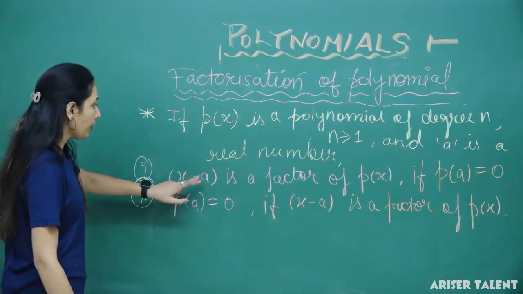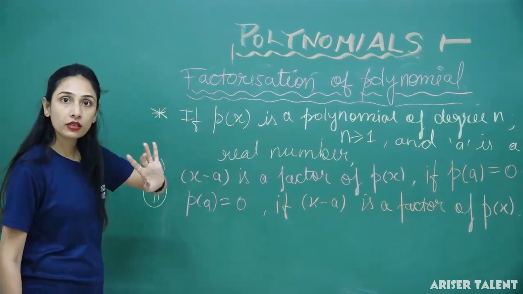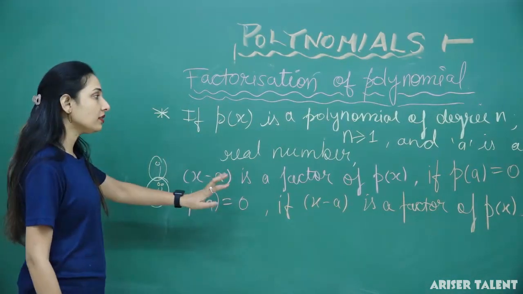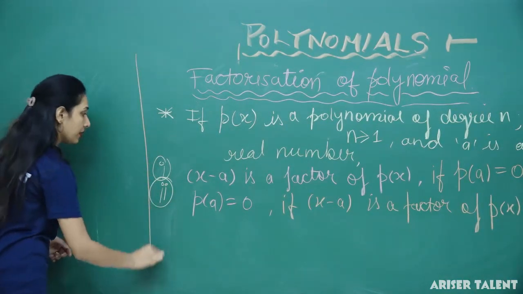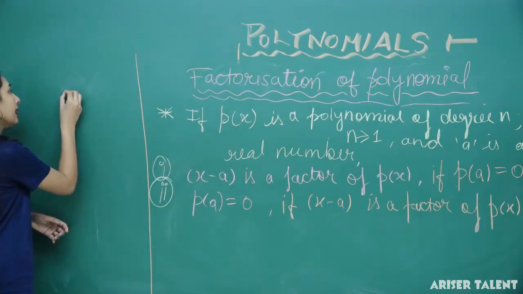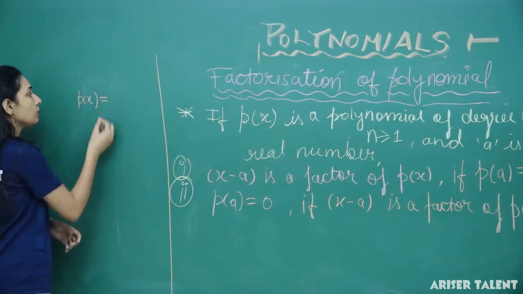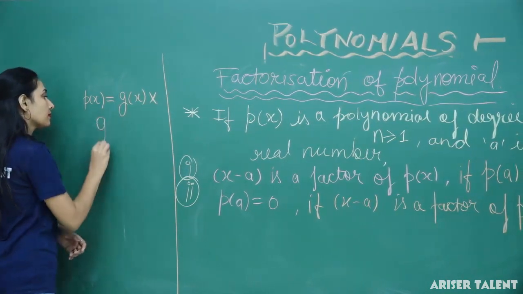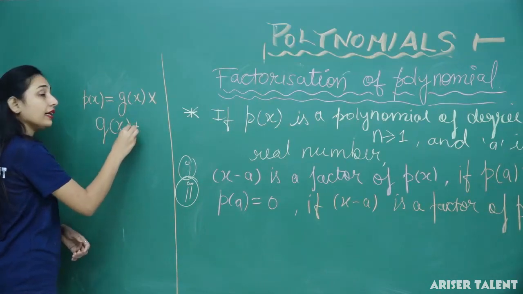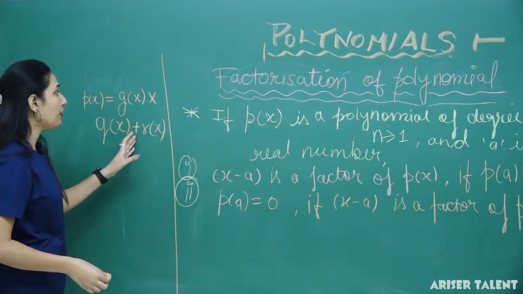Students, simply if you look into it, x minus a is a factor of P(x). Now I have told you if x minus a is a factor, understand this thing here. I have told you the simple equation P(x) equals G(x)Q(x) plus R(x). Now I am telling you these are factors.